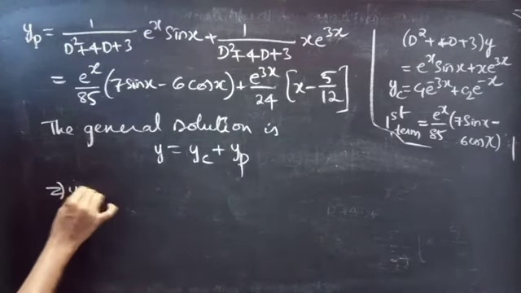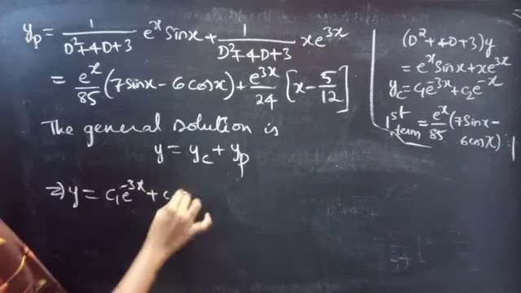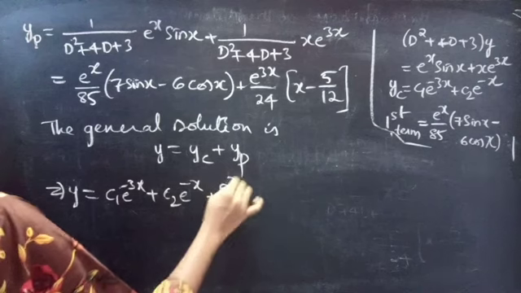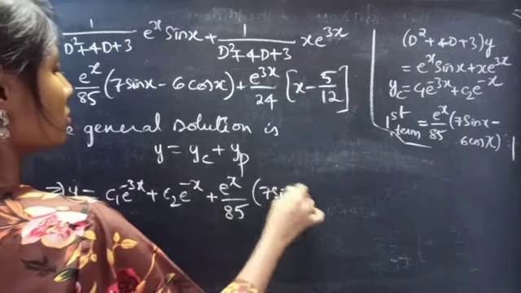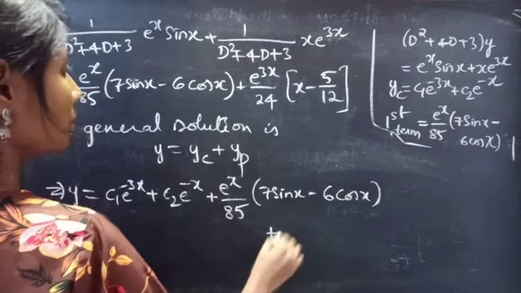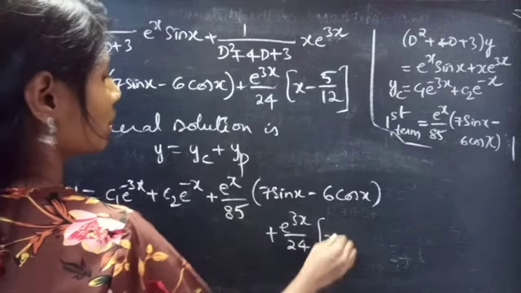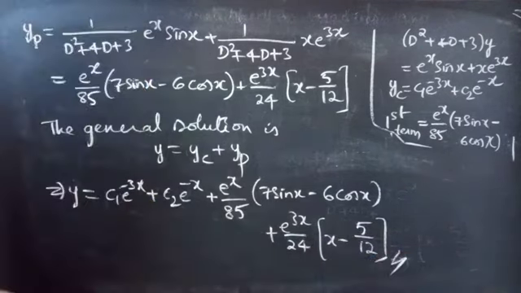Then y equals yc, which is c1 e power minus 3x plus c2 e power minus x, plus yp, which is e power x by 85 into (7 sin x minus 6 cos x) plus e power 3x by 24 into (x minus 5 by 12). This completes the problem.